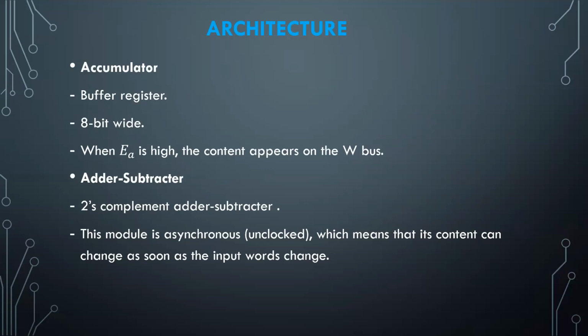The two-state output goes directly to the adder subtractor, and the three-state output goes to the bus. When EA is high, the content appears on the W bus.